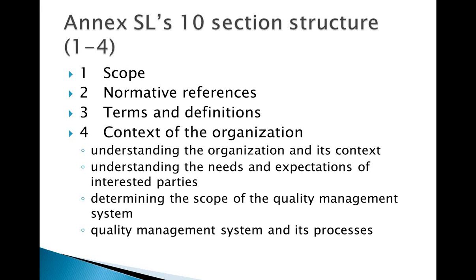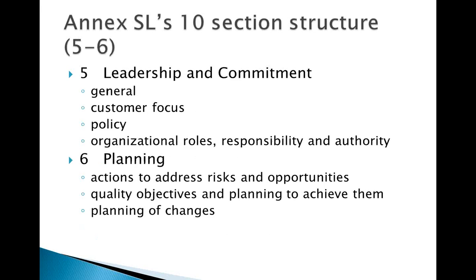Section 4 is called Context of the Organization, and there are some very interesting things that are discussed here. We have understanding the context of the organization. We're introduced to the term interested parties. We talk about determining the scope of the system. What are the processes that make up this system?